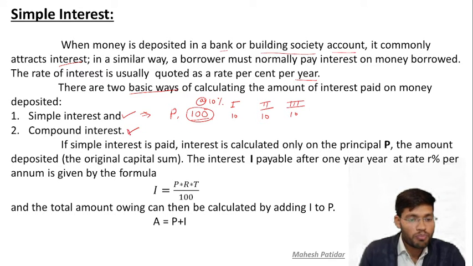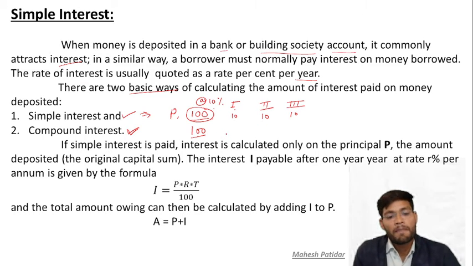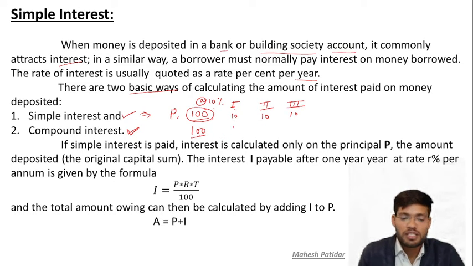In case of compound interest, 100 rupees is the basic principal, and for the first year we calculate 10% interest on this basic principal, which gives 10 rupees. But in the next year, that means the second year and later, the basic principal will increase.